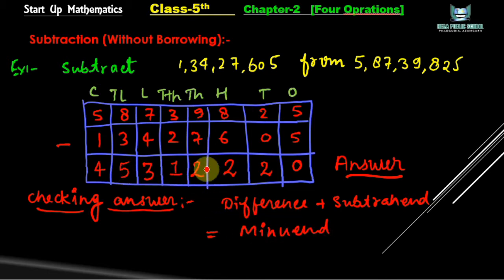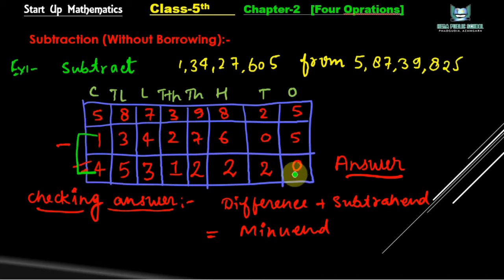If we get a number equal to the minuend, then our answer is correct. If difference plus subtrahend is not equal to minuend, then our answer is incorrect.